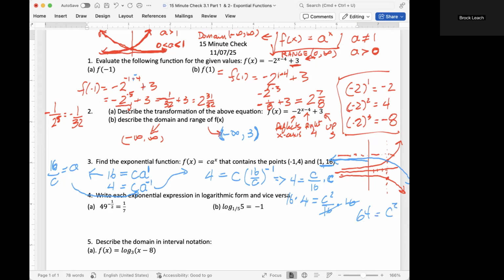So taking the square root of both sides, C would be equal to 8. So plugging this C value into the original equation, I now have 16 is equal to 8 a to the 1, or a to the x. But plugging 1 in, we now can solve this for the a. And if I divide both sides by 8, I see a is equal to 2.